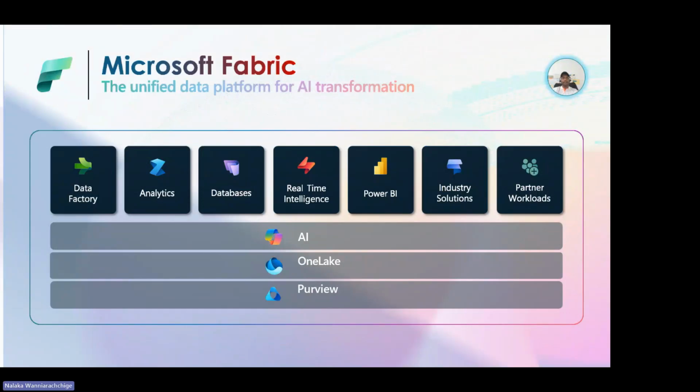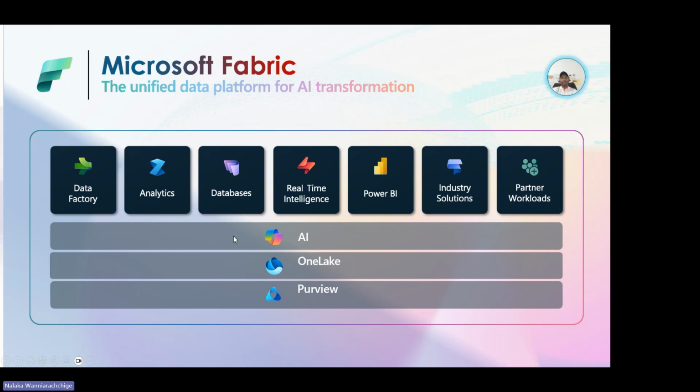Okay, first things first, what is Microsoft Fabric? Fabric is a SaaS platform, as all of you know. It is an umbrella of services that comprises many workloads. You can see in these slides data factory, analytics, and databases, which was very recently released. Our focus today is real-time analytics.